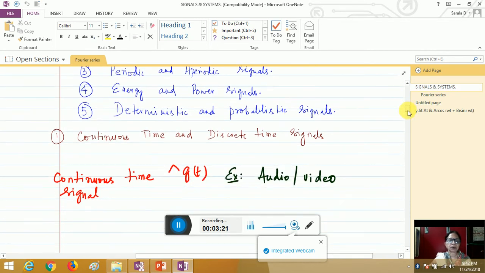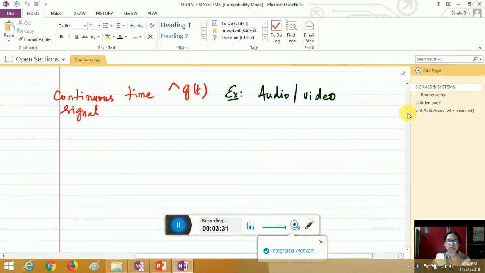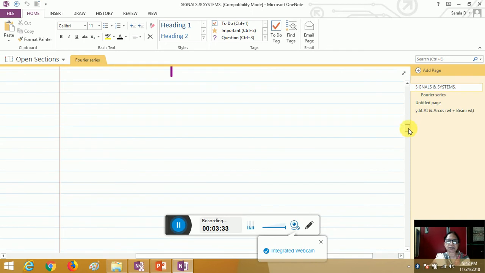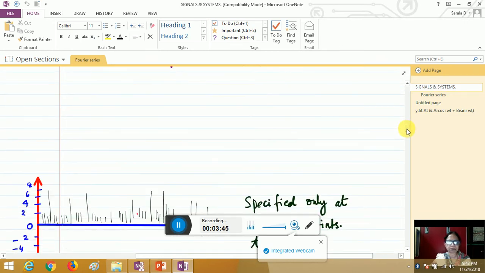We are talking about continuous time and discrete time signals. What is continuous time? It is like an audio signal or a video signal, which is continuous in nature. How do you represent this graphically? You take time on the x-axis and all these recordings, music, speech, etc. on the y-axis, and it becomes a continuously variable signal.